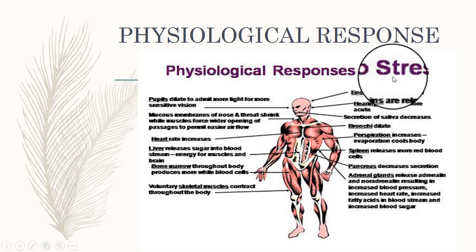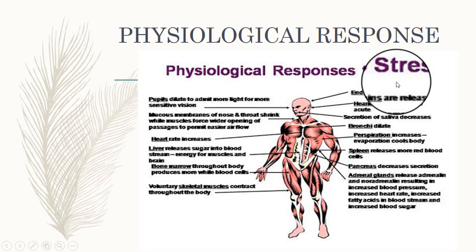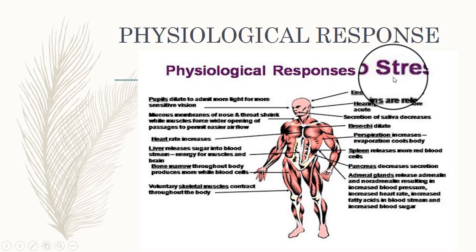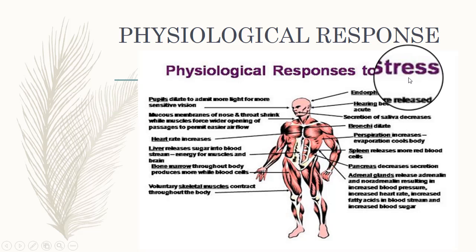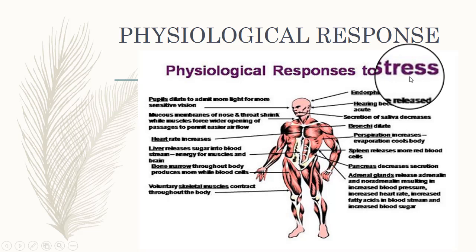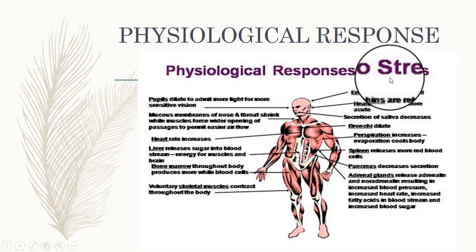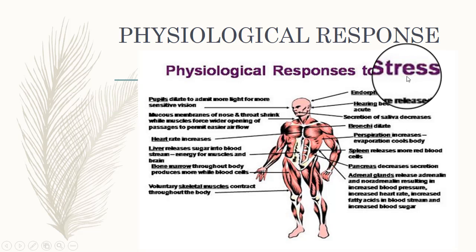Now what happens next? Whenever the SNS, that is the sympathetic nervous system, which is one half of the autonomic nervous system, is activated, it means the other half, the parasympathetic nervous system, which governs the rest and digest functions of the body, is suppressed, because they cannot both be activated at the same time.